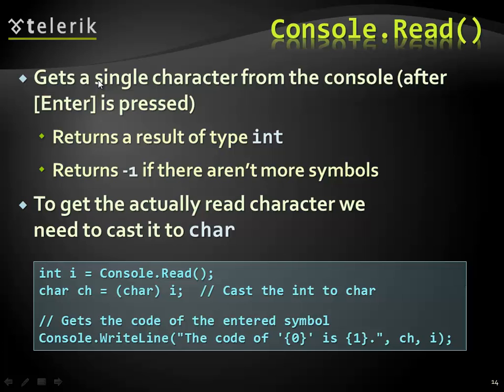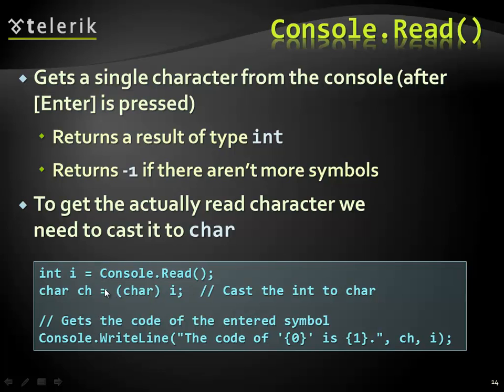The Read function. Read would get a single character, and it would wait for enter to be pressed. What we can see here in the sample is that when we call Read, it returns the code of the character which is being read.